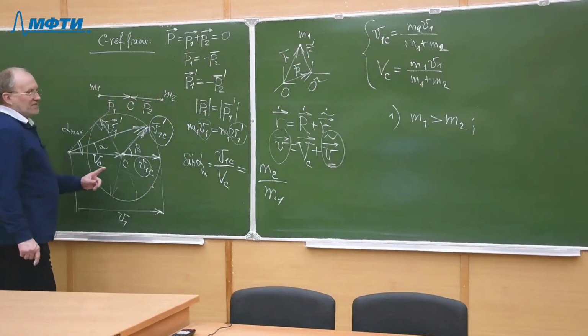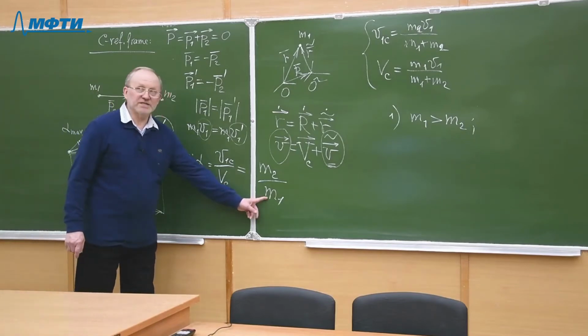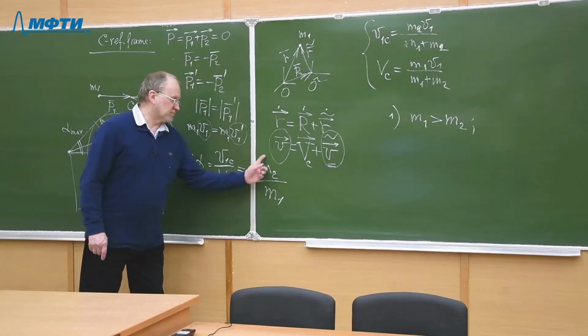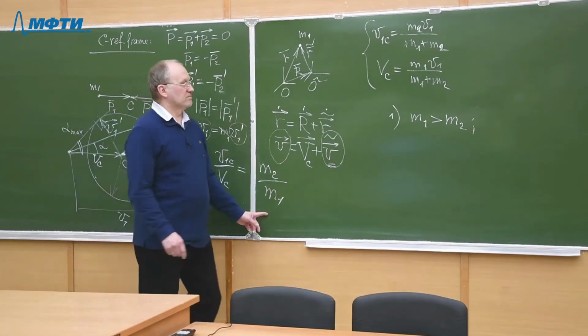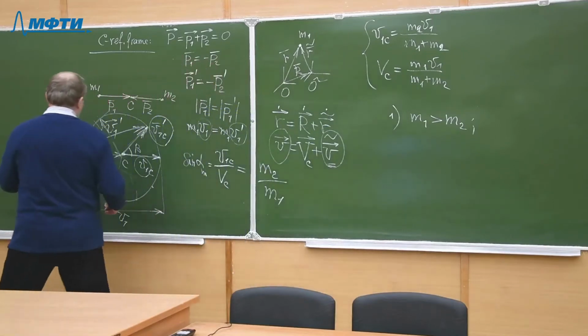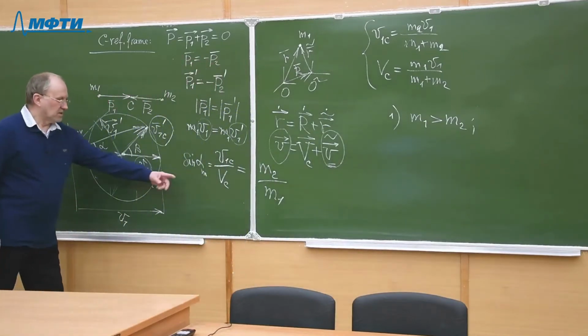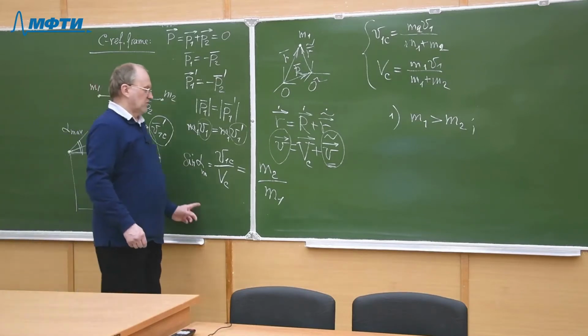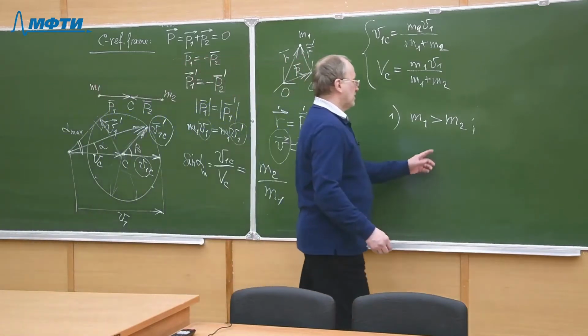In this case, if the denominator is larger than the numerator, then this expression will be less than unity, and so there will be some angle, just like shown in this picture, some angle corresponding to a sine which is less than unity.